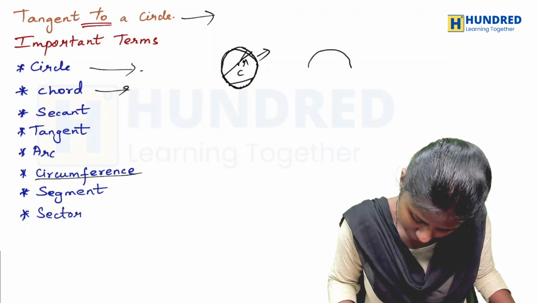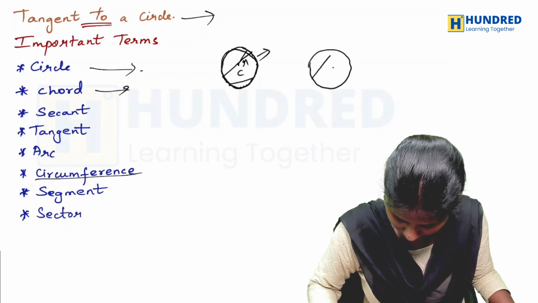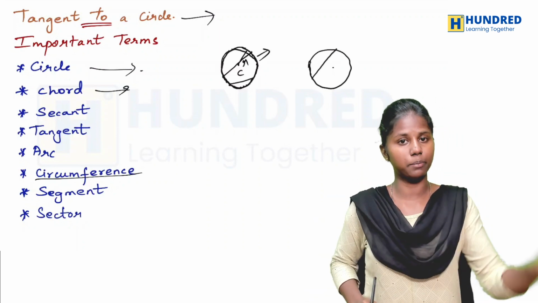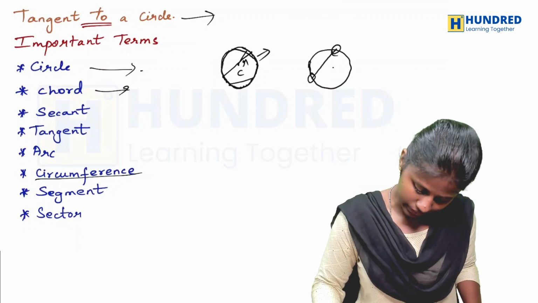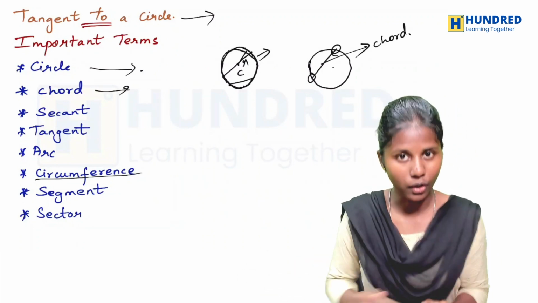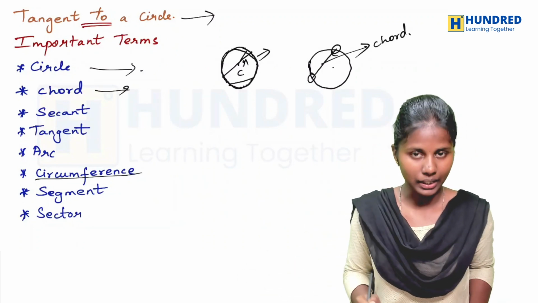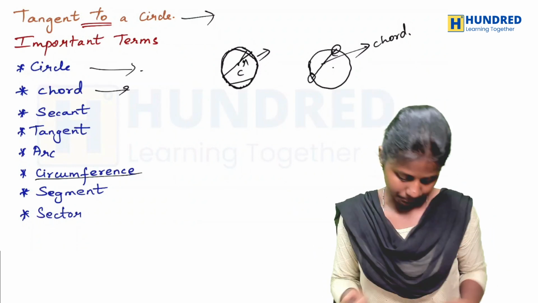If I have a circle and I join two points on the circle, this line becomes a chord.